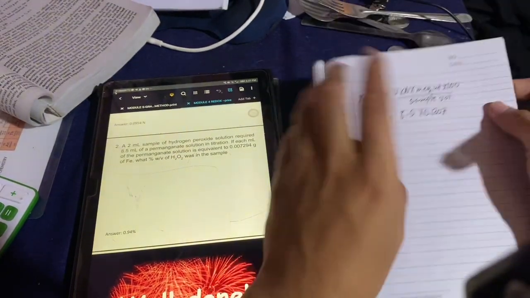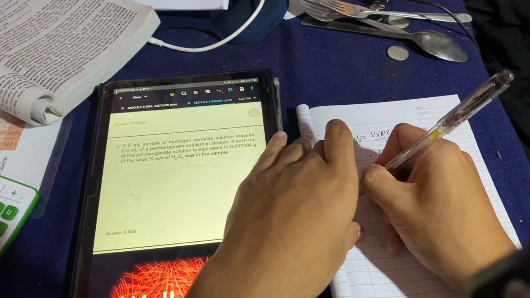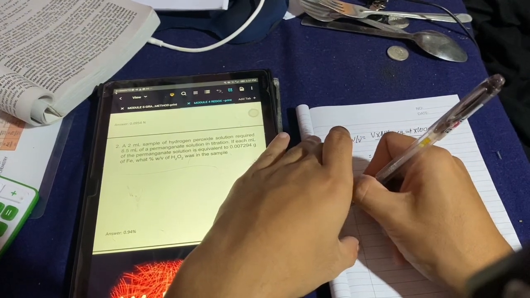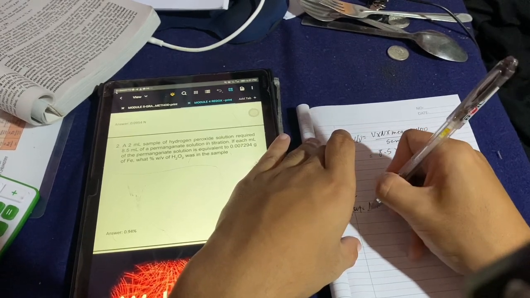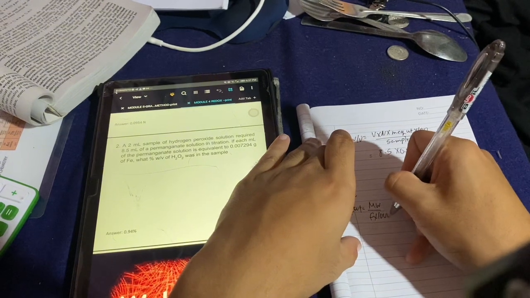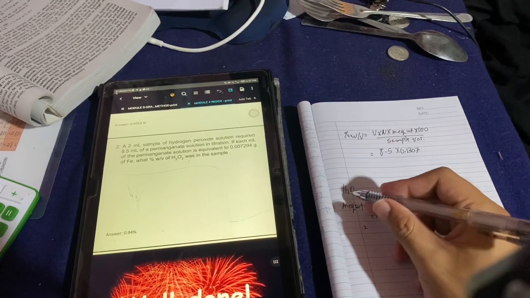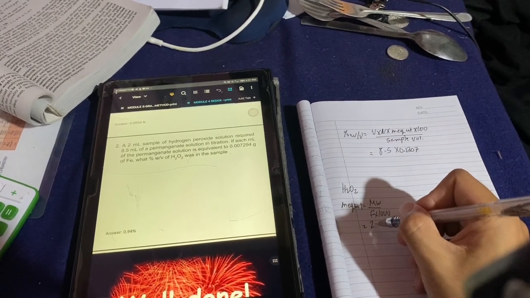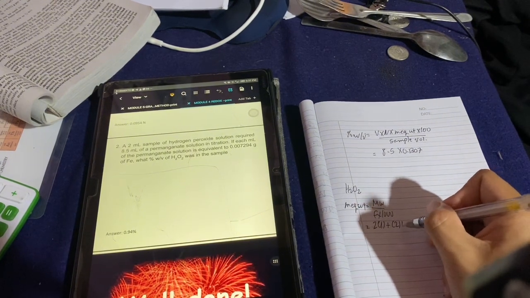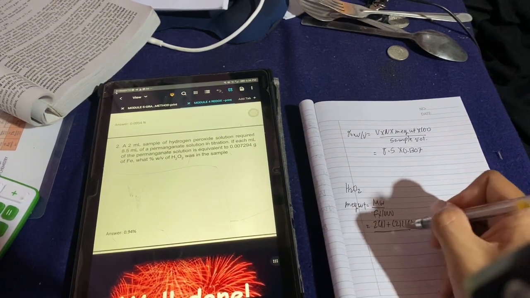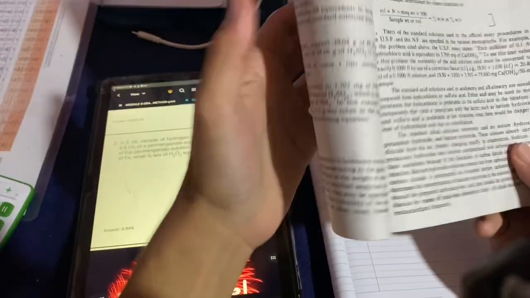The milli equivalent weight we need here is that of hydrogen peroxide. In order to find the milli equivalent weight of hydrogen peroxide, this is what we do. Molecular weight over factor times 1000. To find the molecular weight, it is very easy. The weight of hydrogen is 2 times 1, then the oxygen is 2 times 16, over the factor times 1000. So what is our factor? In order to find the factor, we must see the formula.